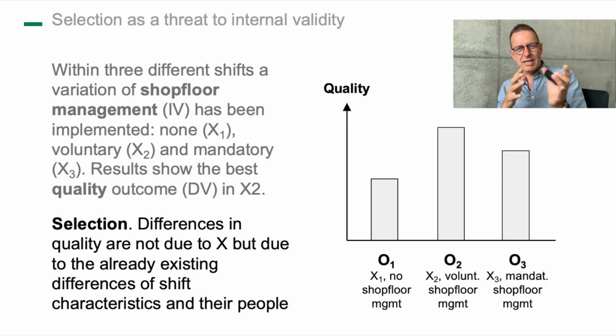Maybe there is already a kind of selection bias. The people differ, and there is no random assignment of people to the different conditions. So maybe the effects are due to the differences between the people.